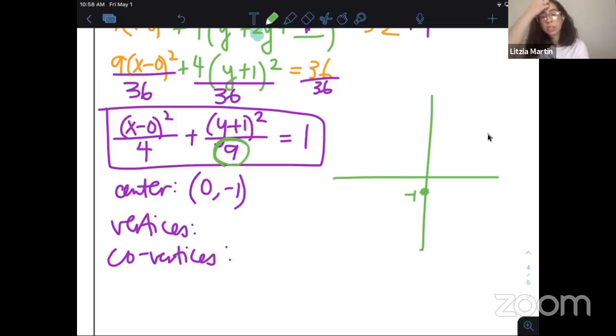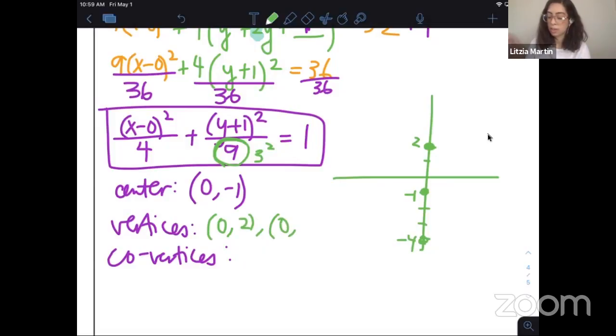And then our vertices are going to come from going up and down by 3, because 3 squared is equal to 9. So I can go up 3, that brings me to 2, and down 3, that puts me at -4 here. So those two points are 0, 2 and 0, -4. So there are my vertices.